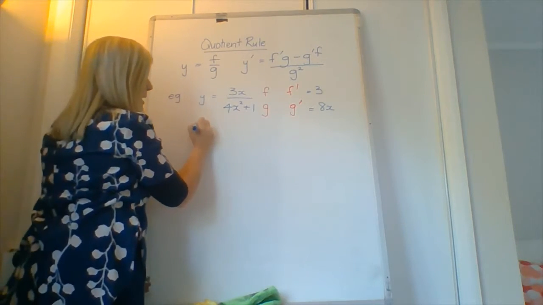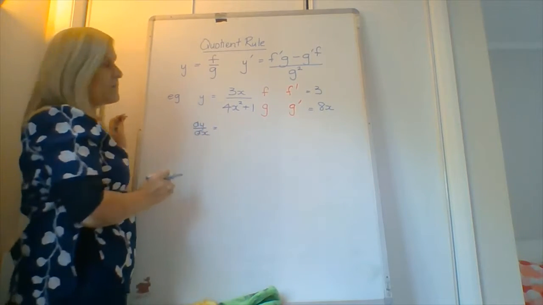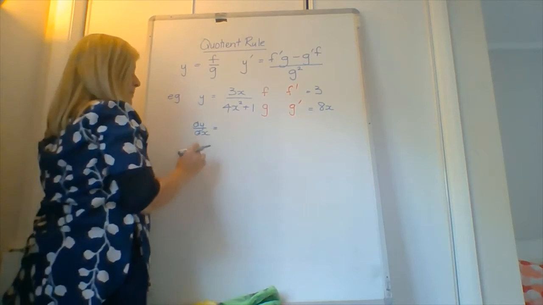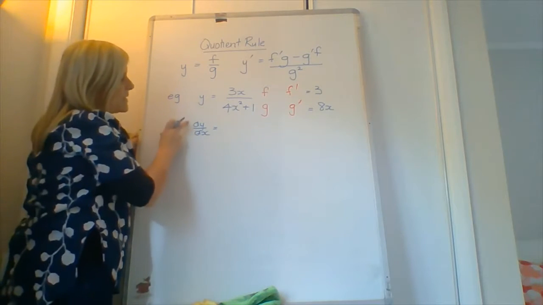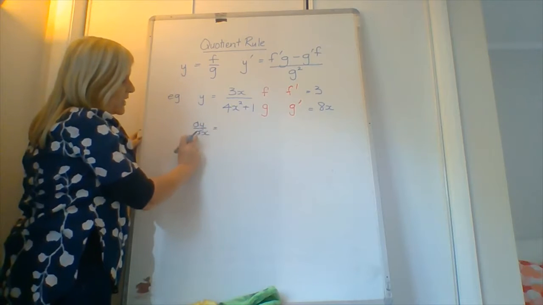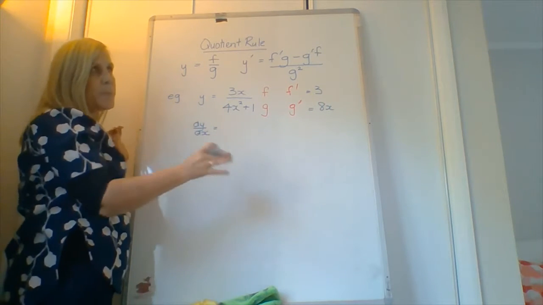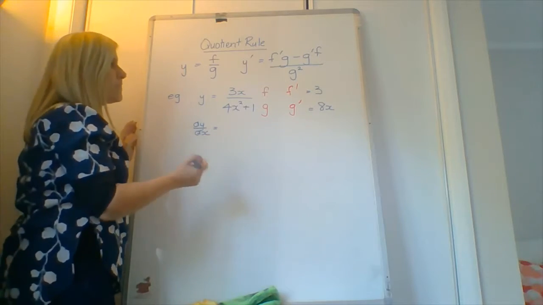So dy by dx. I like that one the most out of all of the notations because what it actually says is the y that you've been given differentiated with respect to the x's in it, and they'll come into play a little bit further on.